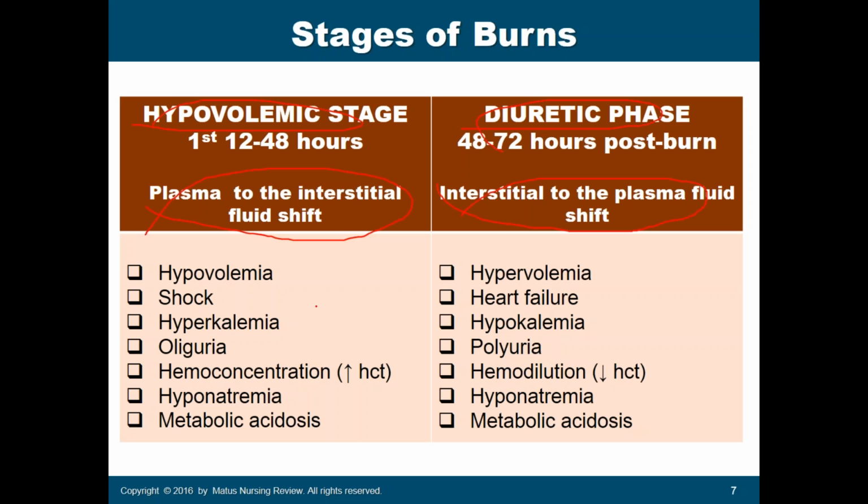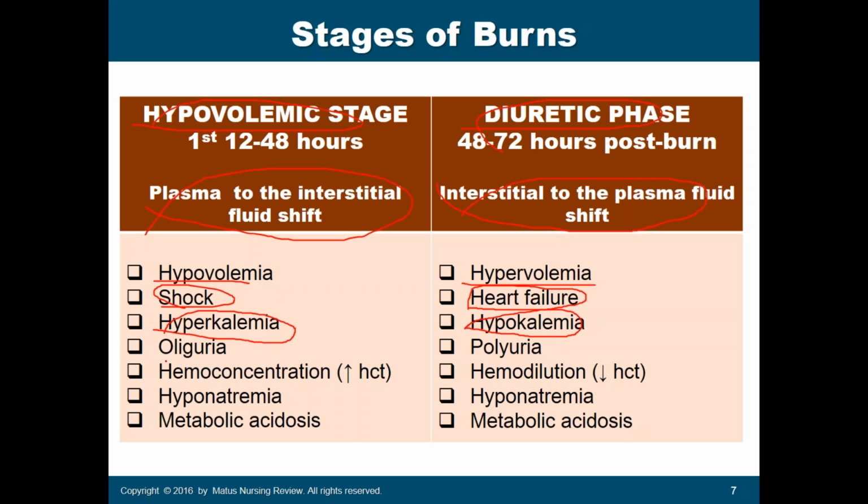And you could see the symptoms on the left side compared to the right side also. Here you have hypovolemia, while on the other side you have hypervolemia. Here the main problem is hypovolemic shock, and this one is heart failure on the diuretic phase. Here on the first stage you have hyperkalemia, but here you have hypokalemia.